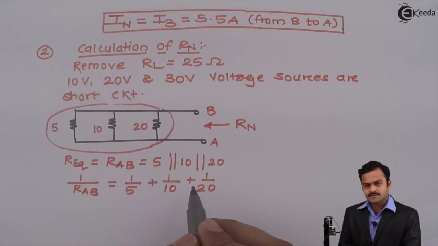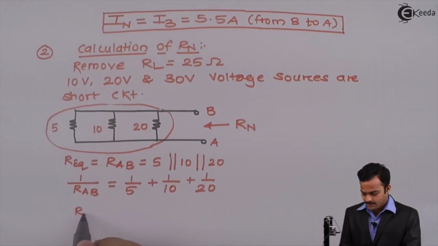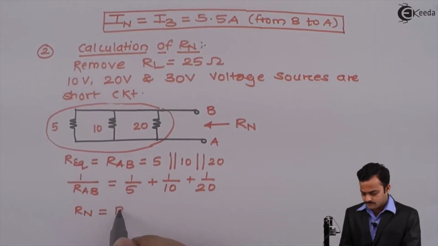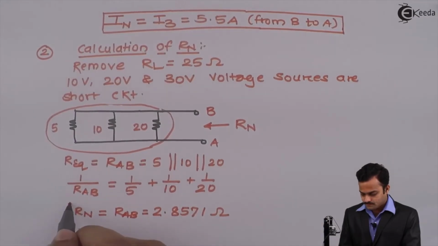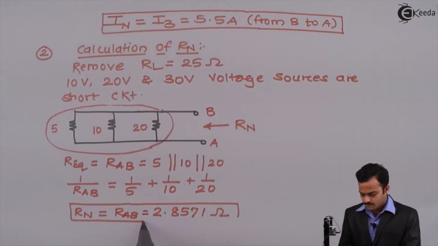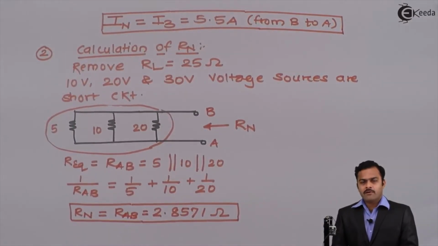So if I solve this, I will get RAB, which is nothing but Rn, equal to 2.8571 ohm. Here we have completed step number 2.